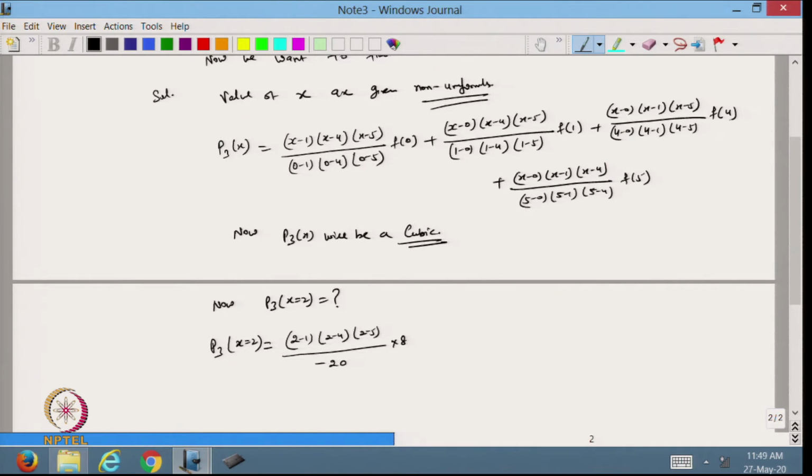This one I can also calculate: it is 1, multiplied by minus 2, multiplied by minus 3, so it is minus 6. So, minus 6 by minus 20.